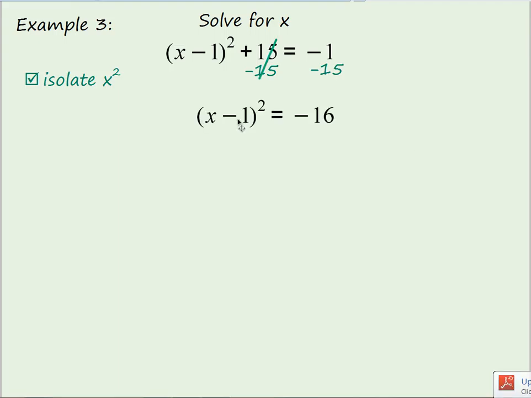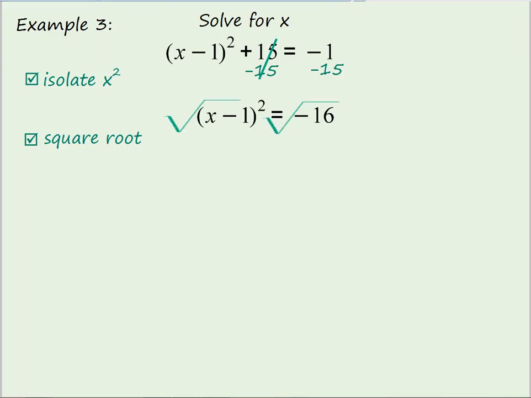That's going to leave me with (x minus 1) squared equals negative 16. There's nothing left on the squared side of my equation that's not squared. The next thing I need to undo is the squared. In order to do that, I have to take a square root.